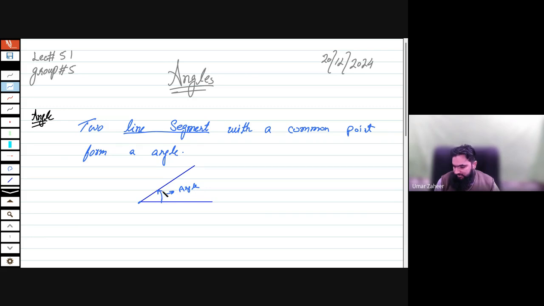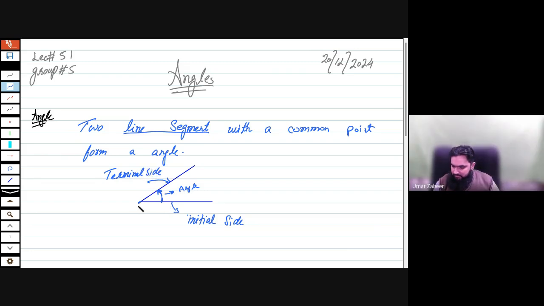For example, if you start measuring the angle from this side and end at this one, the side where you start to measure the angle is known as the initial side, and the side where it ends is known as the terminal side.